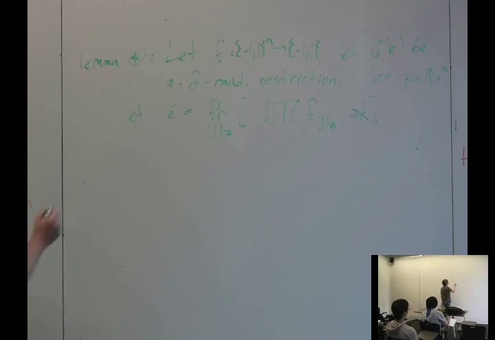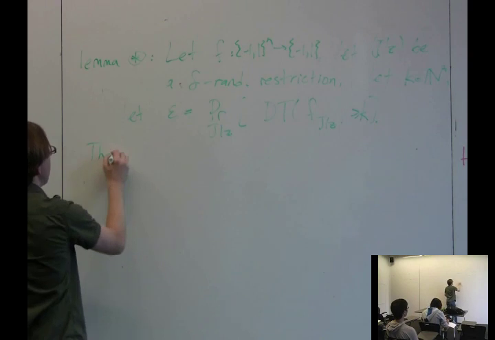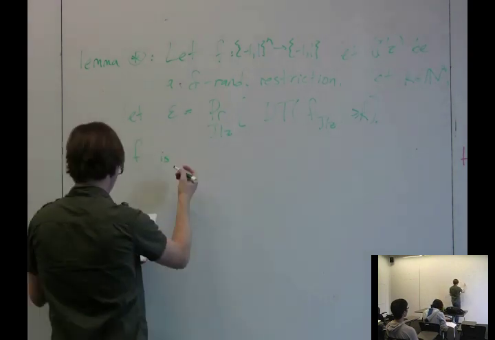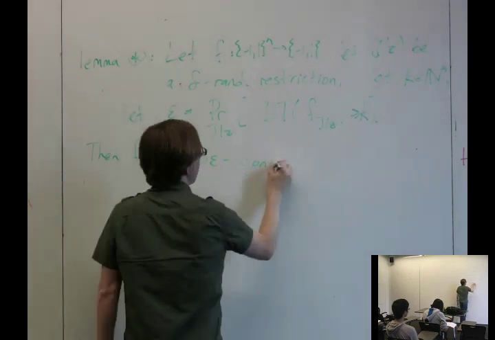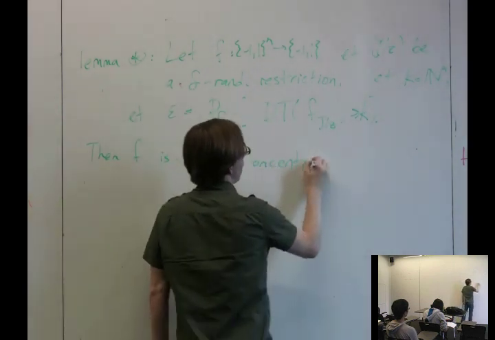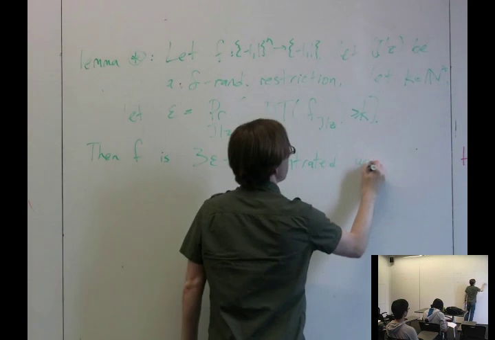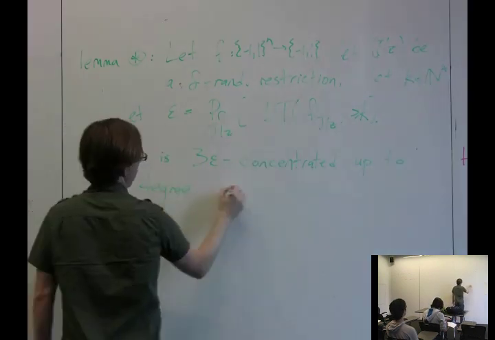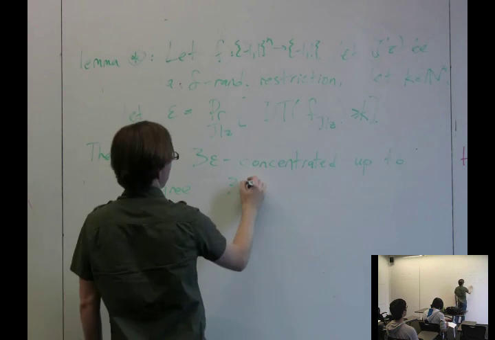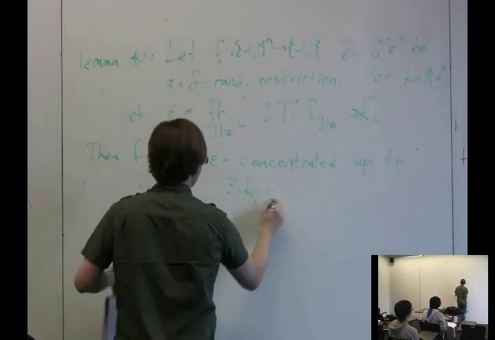Then f is Fourier concentrated. Then f is 3 epsilon concentrated up to degree 3k over delta.